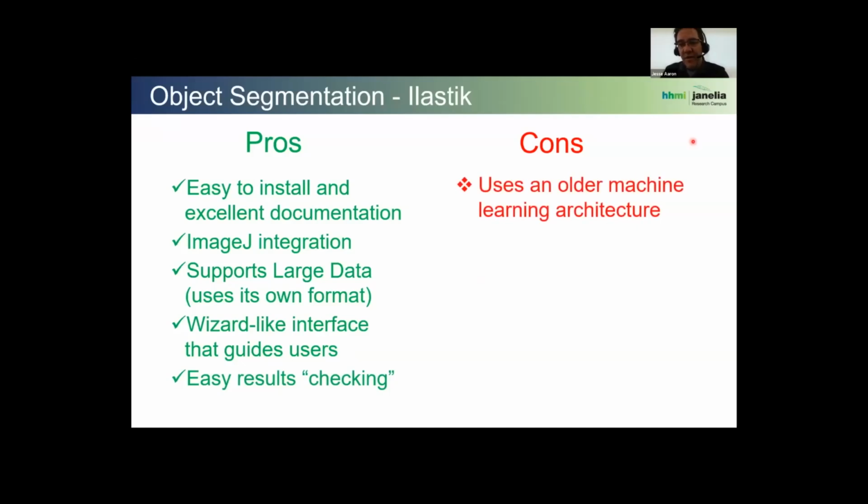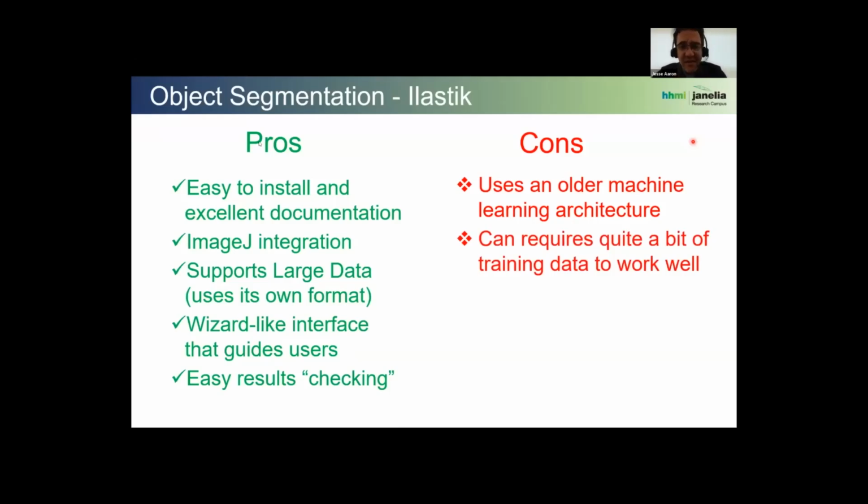For one, the blessing and the curse of Elastic is that it's an older piece of software, which means it is very stable. It handles a lot of the usability issues that most software will encounter very well. But it also has an older machine learning architecture. So in other words, the technology is progressing so quickly that the underlying technology at this point is frankly starting to show its age.